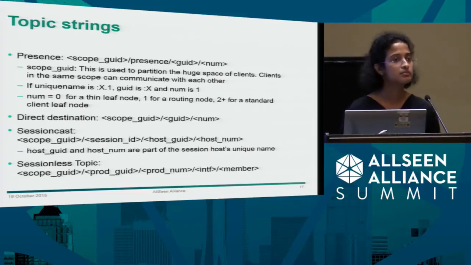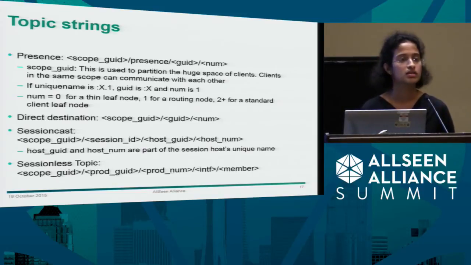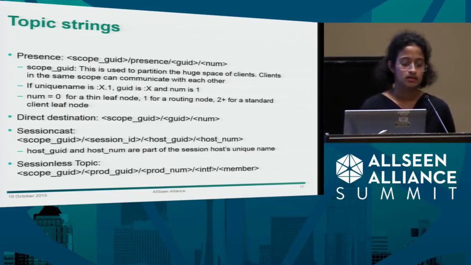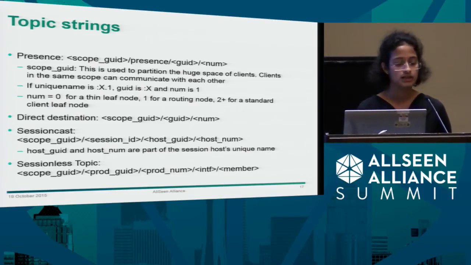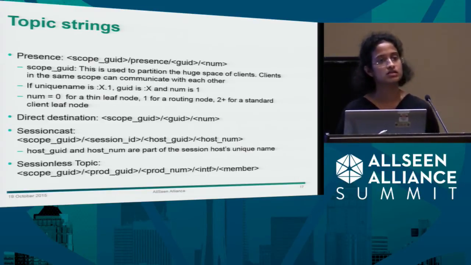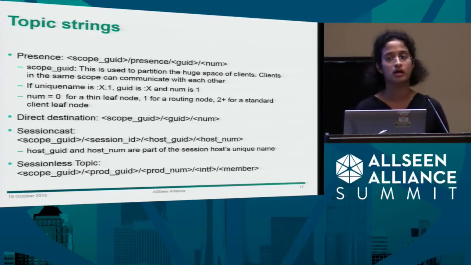And the other concept that I wanted to talk about is the GUID and number mentioned here. So an AllJoyn unique name is of the format :x.a number. Typically, the router is the one that assigns the unique name to all its clients. One thing to note is that in this case, the thin client does not connect to a router and it directly connects to the broker.